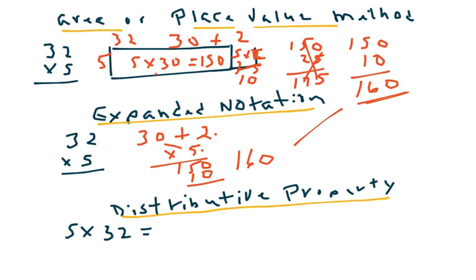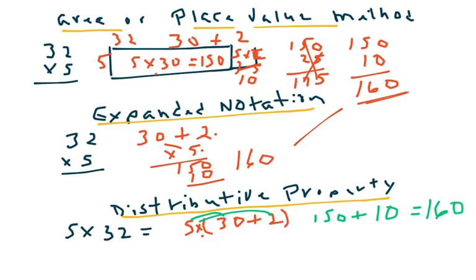Now the distributive property, distributed out, it's 5 times 30 plus 2 again. So distributed out, 5 times 30, 150. 5 times 2, 10. Add them, 160. Same answer again. So that's an example of each of those.